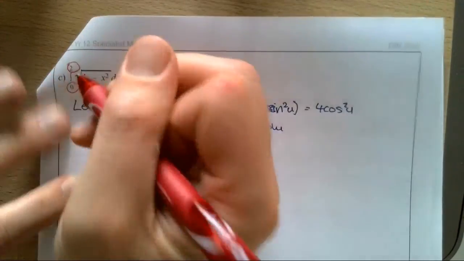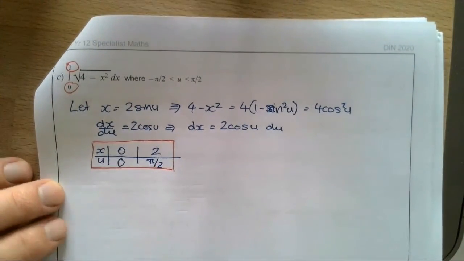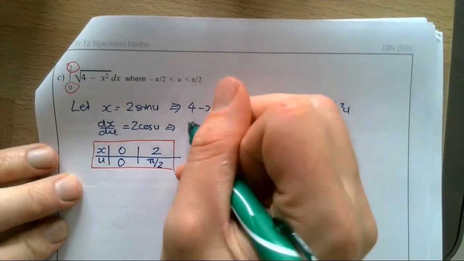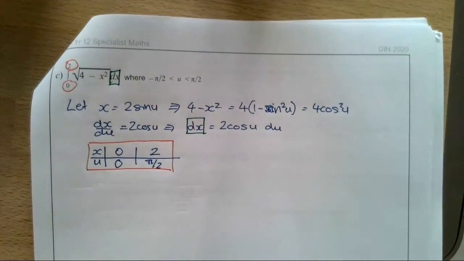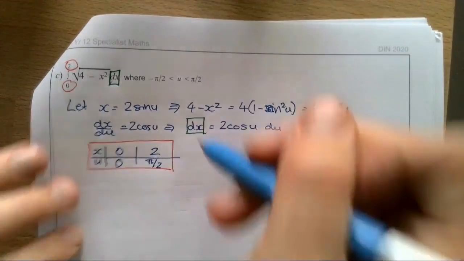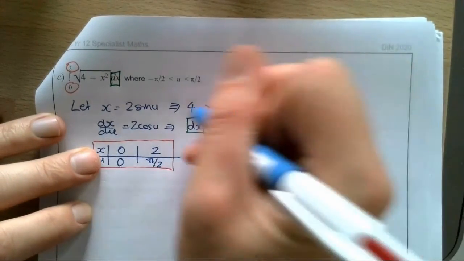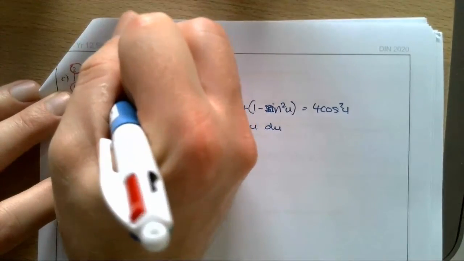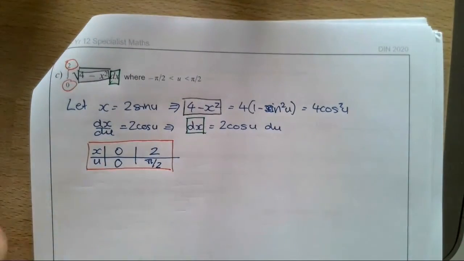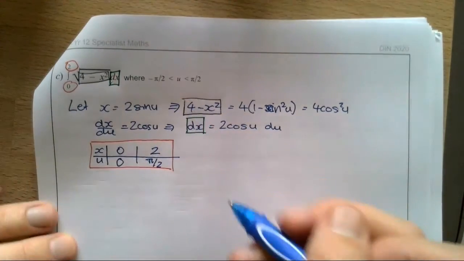Whenever we do a definite integral by substitution and need to change the limits, we have our dx, which is going to change out, and then we have our 4 minus x squared, which I can put underneath. So we have those 3 parts to switch out.